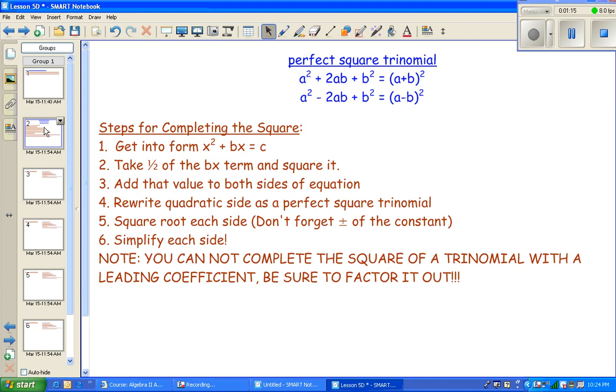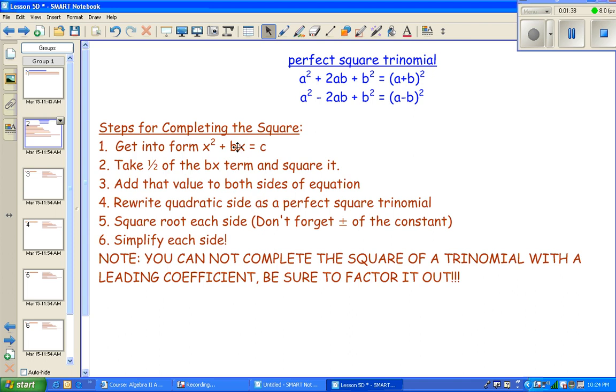So once the constant's out of the way, you want to make sure you don't have any leading coefficients. We'll talk about that later because you can't complete the square if there's a leading coefficient. So you make sure there's no leading coefficients, and you take half of your b term and you square it. And you're going to add that value to each side of the equation.